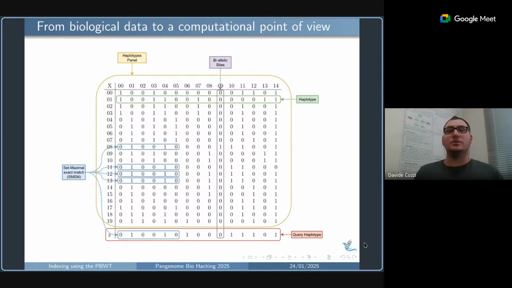But we can also consider, as you see in this slide, an external query, so a query haplotype, that we want to compare against our reference panel. In blue, I have just highlighted some of the possible matches that are interesting in analyzing this kind of binary matrices, and they are called set maximal matches, but we will describe more in detail later.